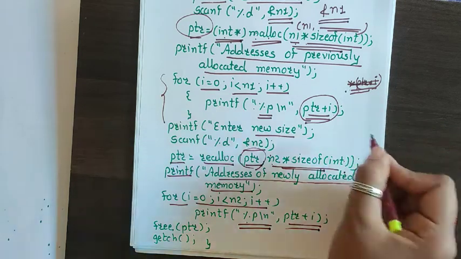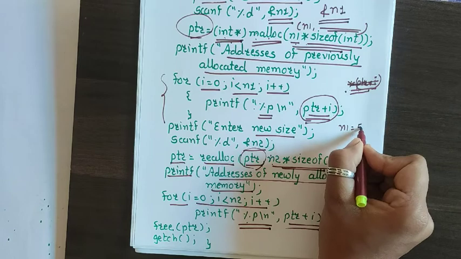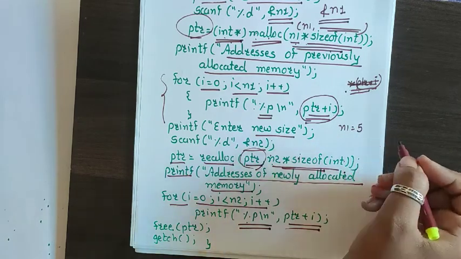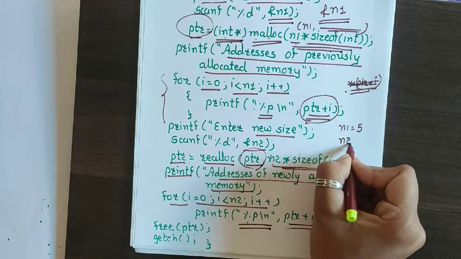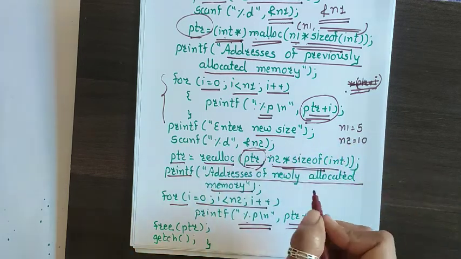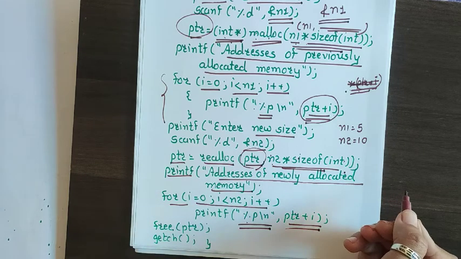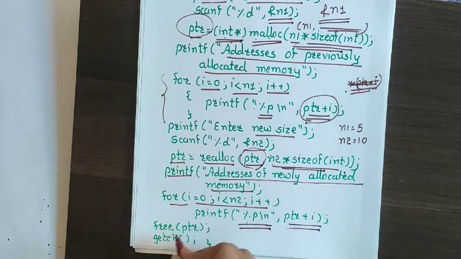So if you give n1 equal to 5, it will print 5 addresses, and if you give n2 equal to 10, it will print newly allocated 10 locations, 10 addresses of the data, right? And then at the end I'm freeing up, deallocating the memory, and getch, and the bracket is over, right?